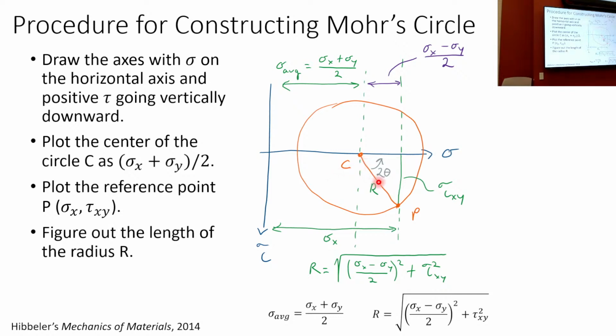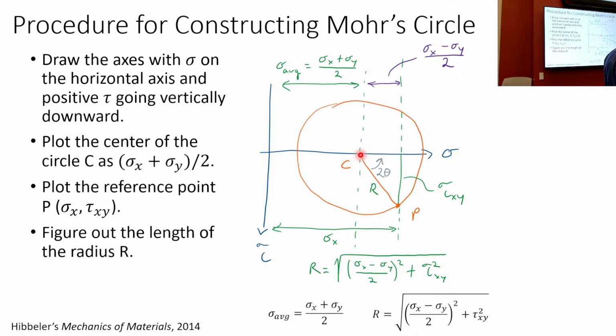If I want to rotate my element by theta, let's say I want to rotate it 45 degrees. What I can do, and this is where Mohr's circle becomes very powerful, I can say, oh, my element's rotating 45 degrees. 2 theta is going to be 90 degrees. I can rotate 90 degrees on Mohr's circle.